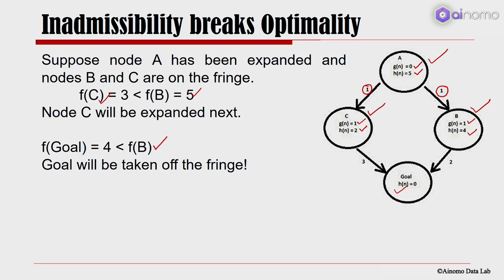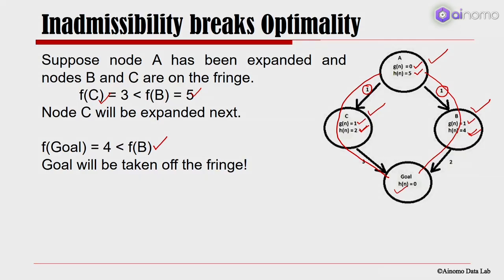If you now look at this problem very closely, you see that because I have used a heuristic which gives 4 here and 2 here, I got a path where the total cost was 4. Whereas on the other side, I did have a path where the total cost was less than 4, which is 3. Question is, why did I not get this path and got this path?